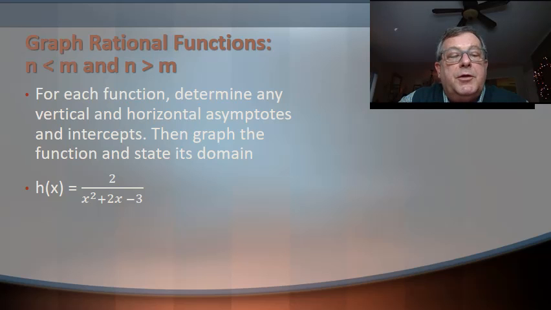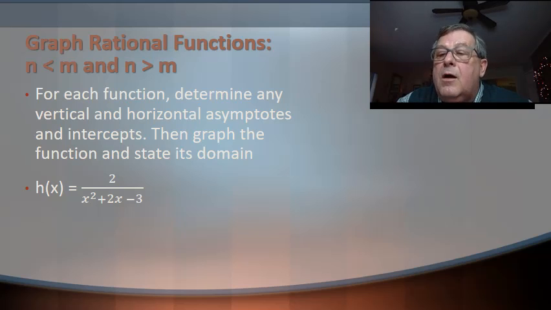I only got a 2 in the numerator, so that's going to be cool. So I'm going to be looking therefore at the denominator, and in order to determine the vertical asymptotes, I'm going to have to factor this denominator, and I have a strong suspicion that's going to give me 2 vertical asymptotes.